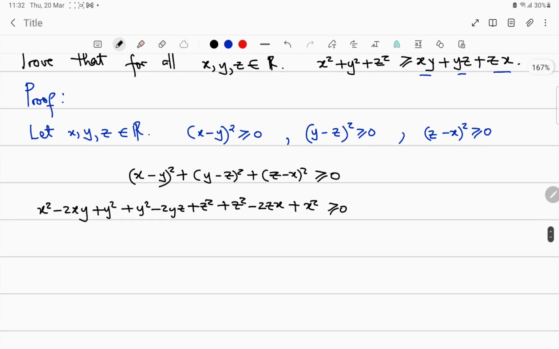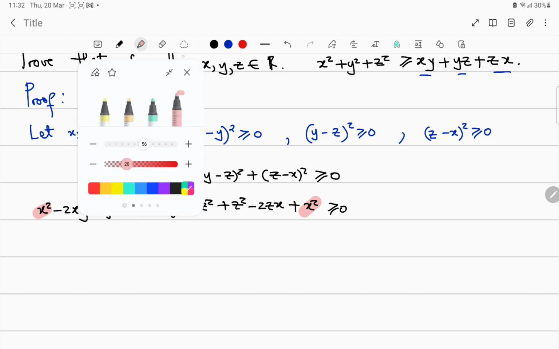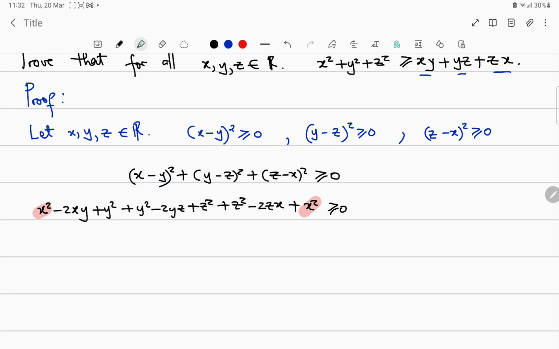And what does this mean? It means that if we add what can be added, we can actually see it here. We have x squared and x squared. Where is the other x squared? There it is. x squared and x squared. And we also have y squared and y squared, and we also have z squared and z squared.